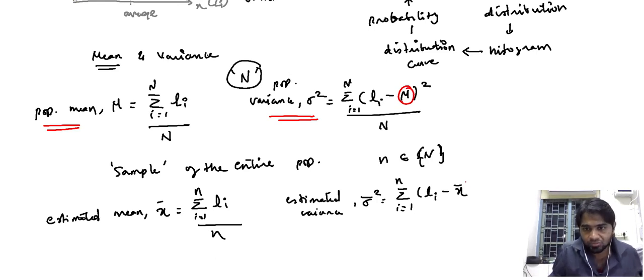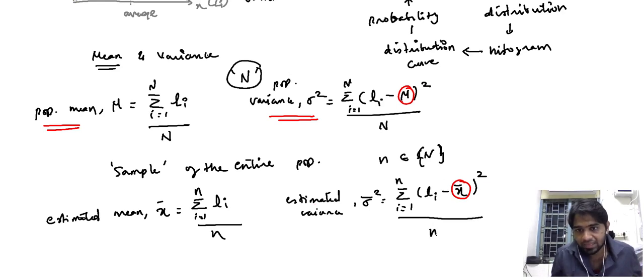The numerator more or less remains the same, but in the denominator, what we have is n minus 1. So instead of having n in the denominator, we have n minus 1. So these are the expressions to calculate the population mean and population variance, and the estimated mean and estimated variance.